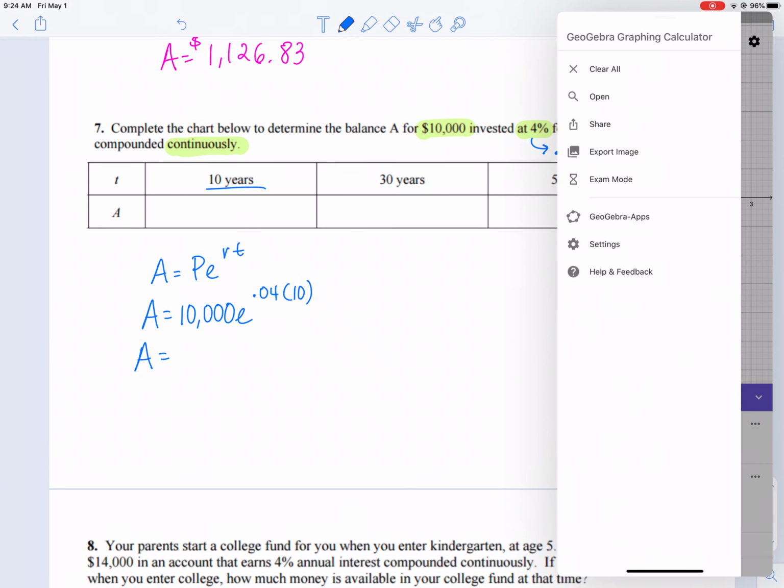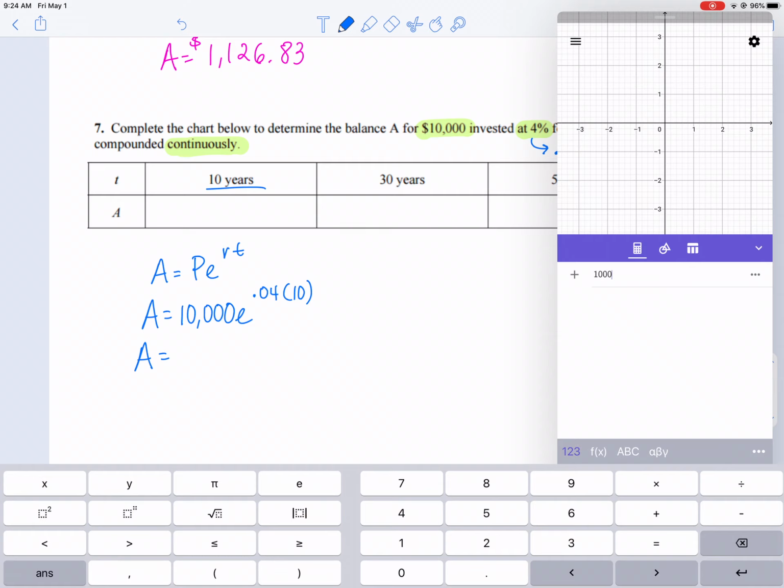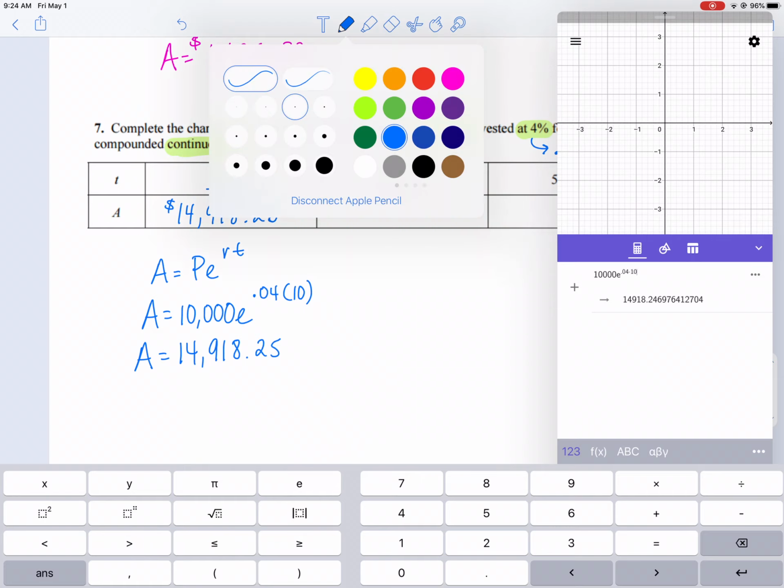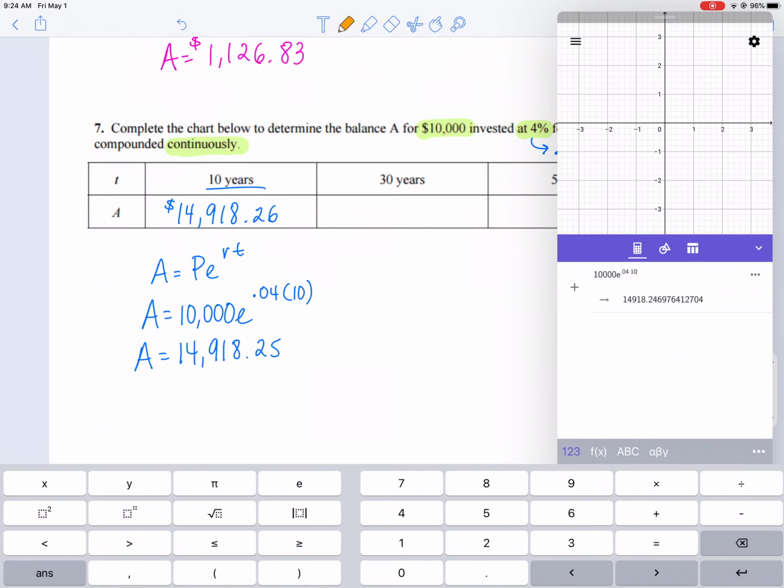I am going to clear this, and I'm going to do 10,000, base of e raised to the 0.04 times 10. Okay, so that is my number. $14,918.26.